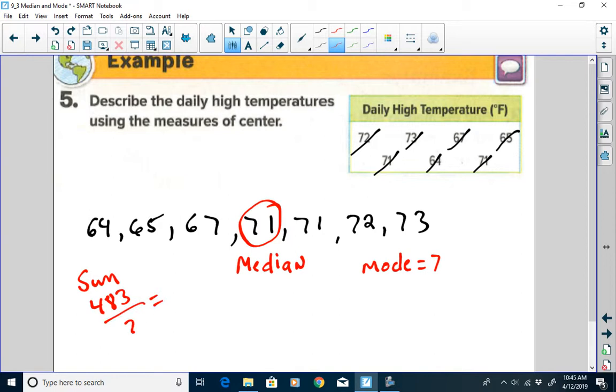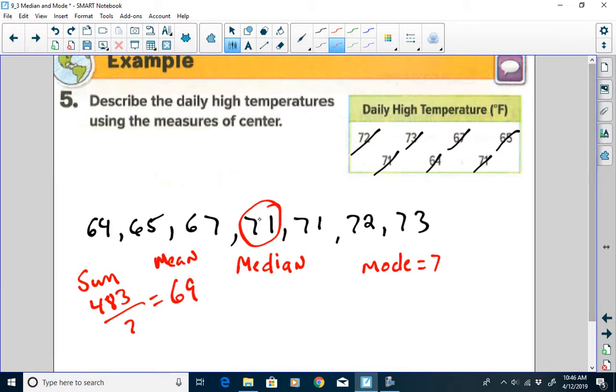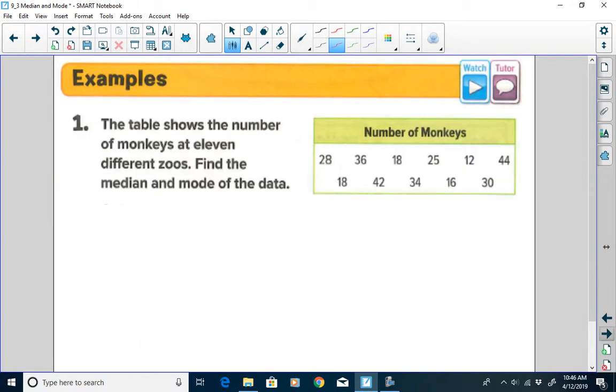So we divide that by 7 and we get a mean of 69. So make sure that when we're finding our measures of center, we arrange from least to greatest. We find the median first, and then we can add to find the sum. We divide that sum by the number of data items. That's going to give us our mean.